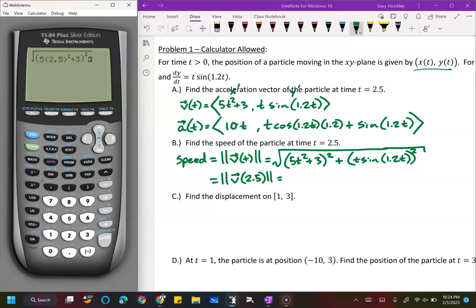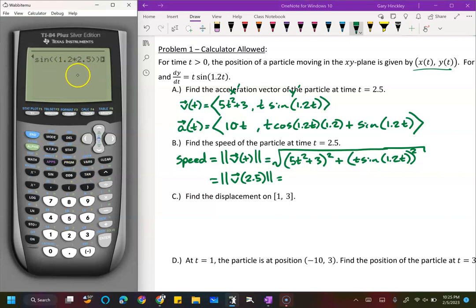All right, so 5t squared plus 3 squared, plus 2.5 times sine of 1.2 times 2.5, close the sine. Oh, I already had a parentheses there, so I'm going to have to close that.